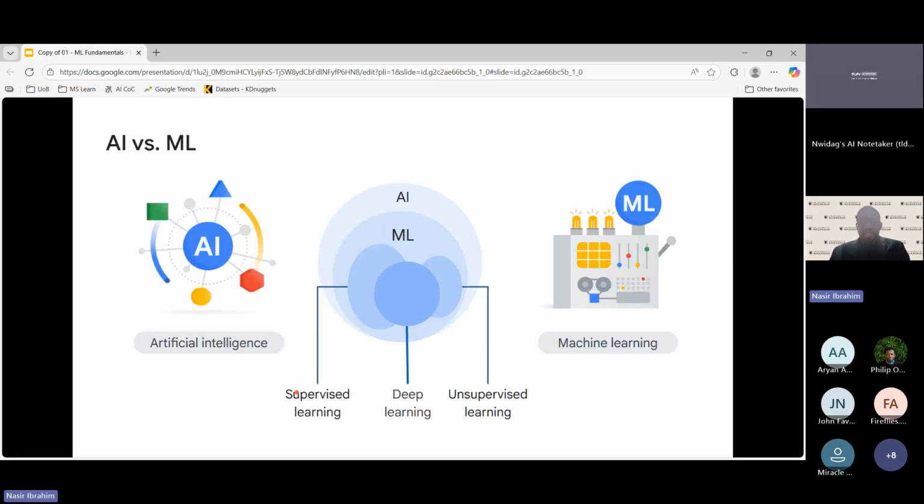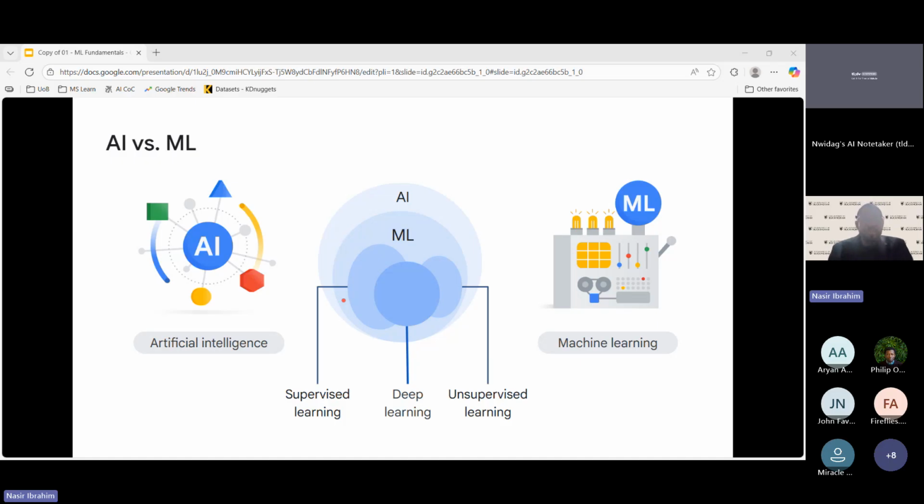So let's start by looking at the basic fundamentals of the difference between AI and machine learning. I'm pretty sure everyone has heard of artificial intelligence, and now it seems like AI is being put on every system, whether it's a robotic system, a computer vision system, or ChatGPT, for example.